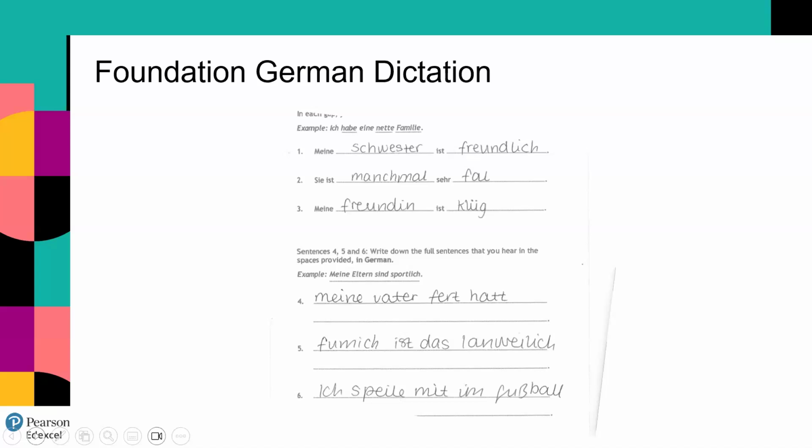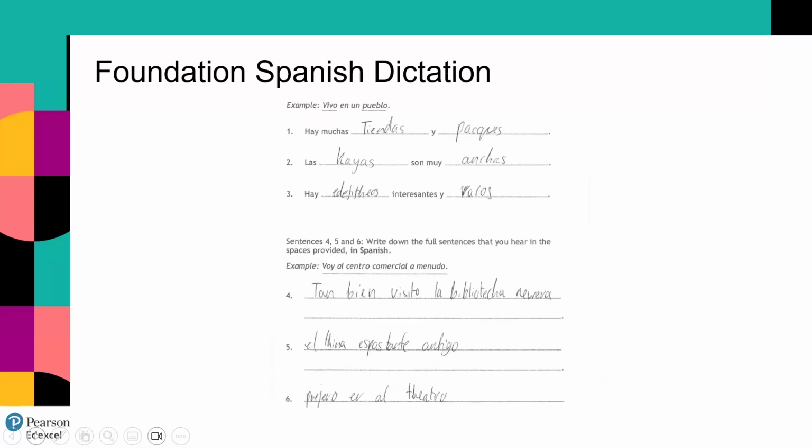So für mich is not für mich, okay? Something like that, okay? And then the Spanish, you could see here things that they've spelled differently, whether it sounds the same or not, okay? You could see the library there. And then the tambien, it doesn't sound the way it should be. Okay.